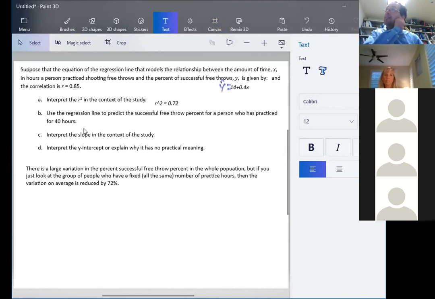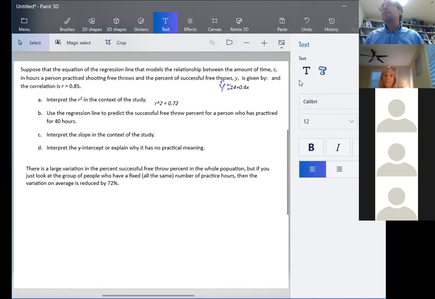The regression line equation is y hat equals 14 plus 0.4x. The amount of practice someone has is x, so we want to predict y. Any guess on what we should do? The hint is it's easy. Yeah, just plug it in.